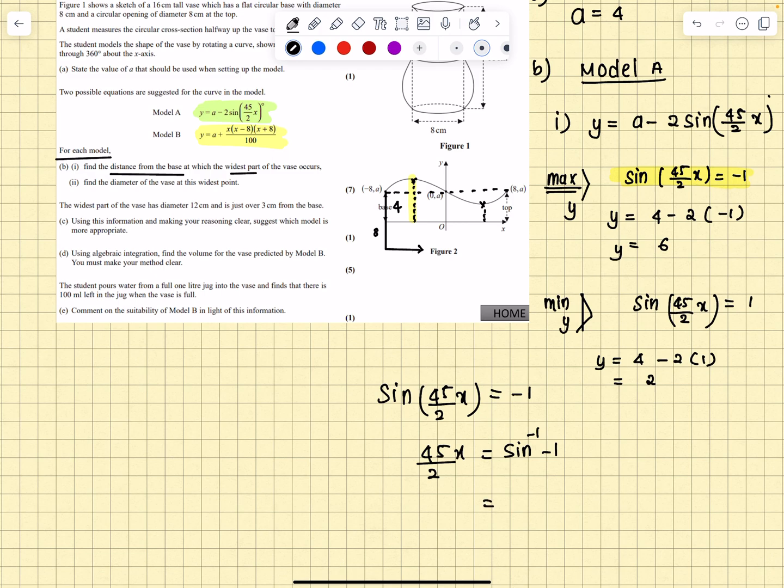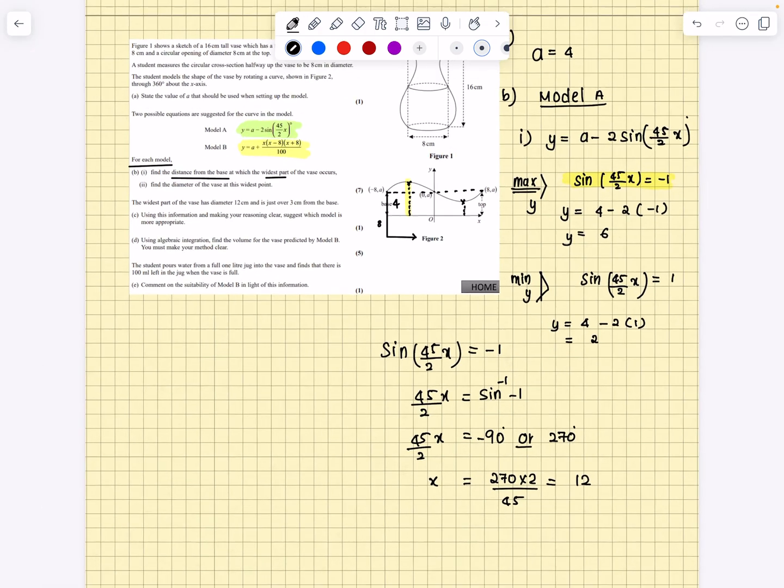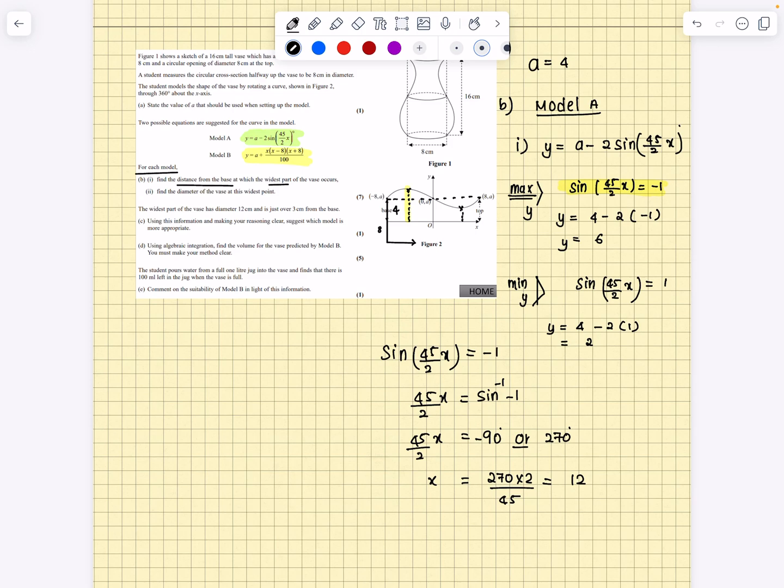Sine inverse of minus 1 is minus 90 degrees, or you can do 270 degrees. I'm going to use the 270 degrees, so x is going to be 270 times 2 divided by 45, which gives me 12. I've used the 270 because it's positive.